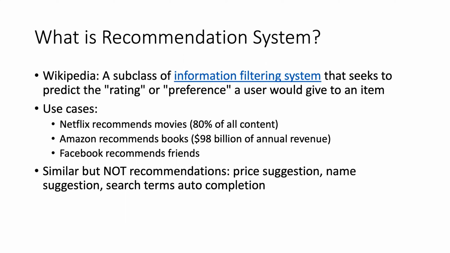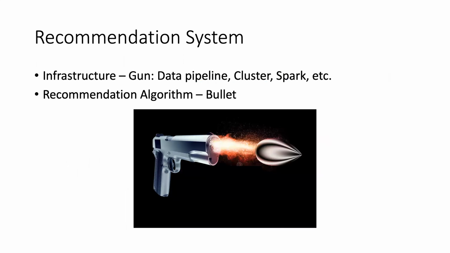But after people search for something, based on the search history, if we recommend some other search terms, or we recommend some products or items, that is a recommendation system. Okay, so try to understand the boundary between recommendation systems and other machine learning problems. Cool. So let's move on.